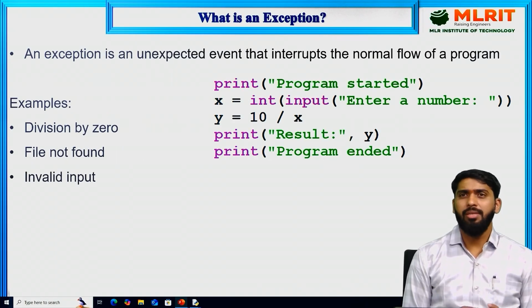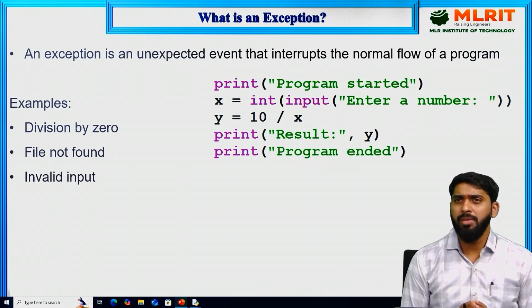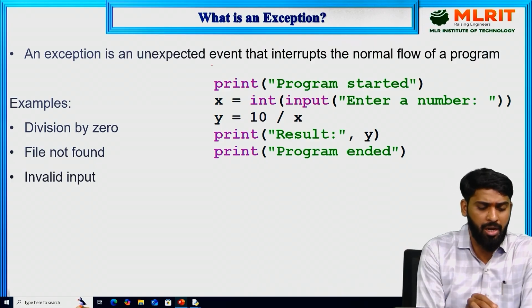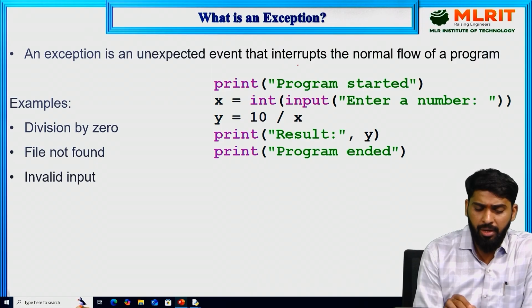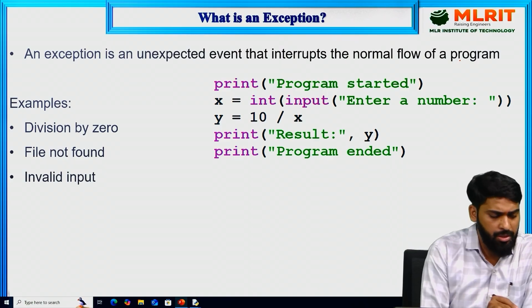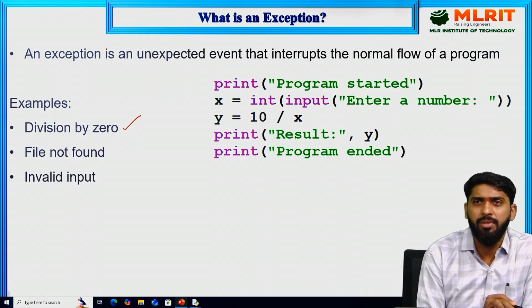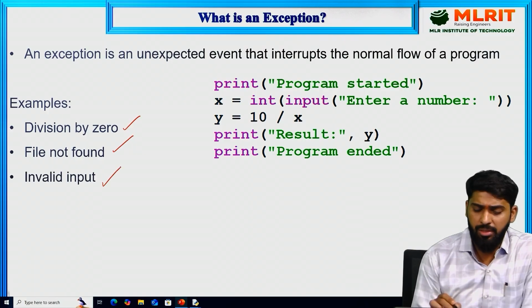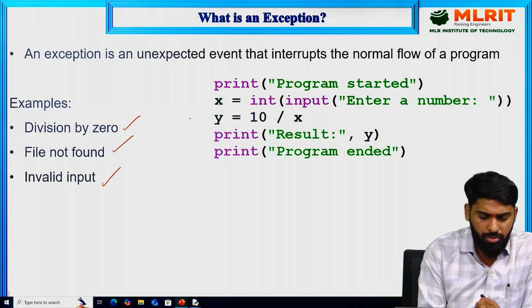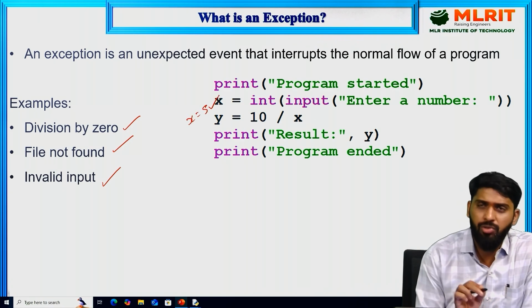So what is an exception? Exception means a runtime error. An exception is an unexpected event that interrupts the normal flow of the program. For example, division by 0, file not found, invalid input. This is the example here. If I give x equals 5, then it is okay.